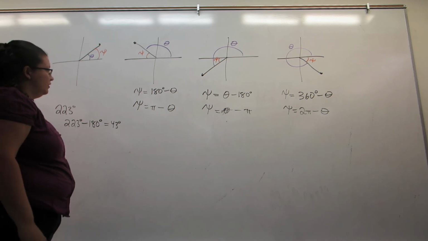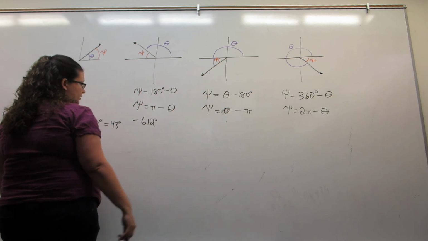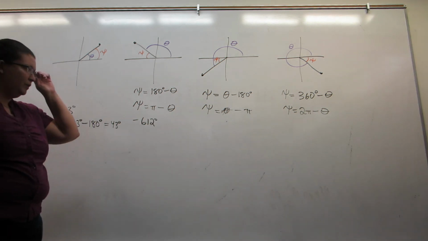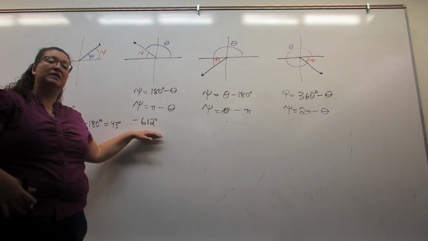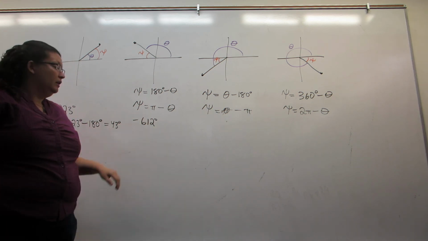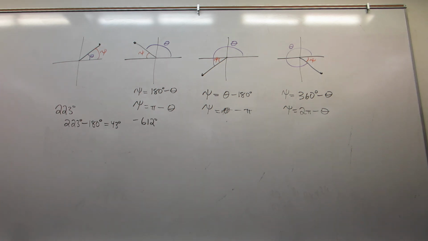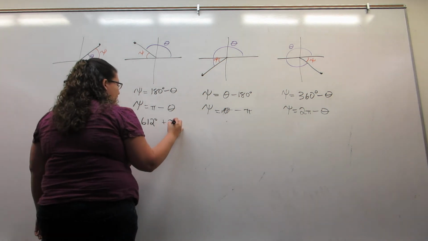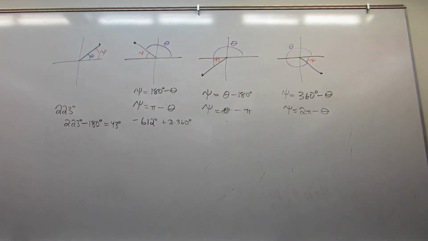In our second example, we're going to look at minus 612 degrees. Now, before we can use these formulas, we need to find a coterminal angle of this that's between 0 and 360. In this case, I need to add a multiple of 360 so that it's positive. And I'm going to add twice 360 degrees, because that gives me the positive angle of 108.